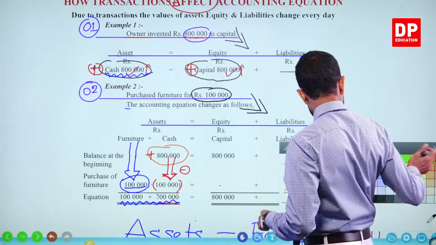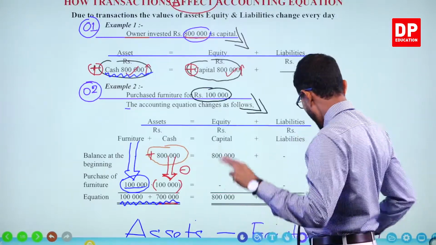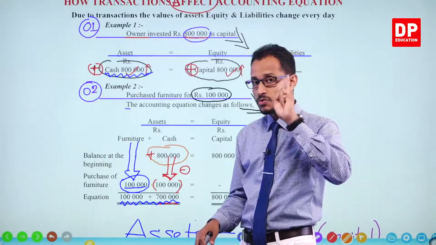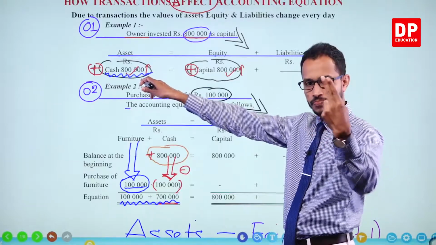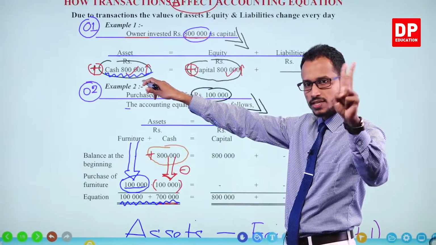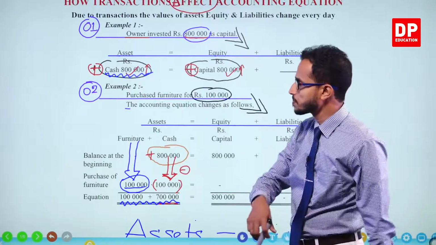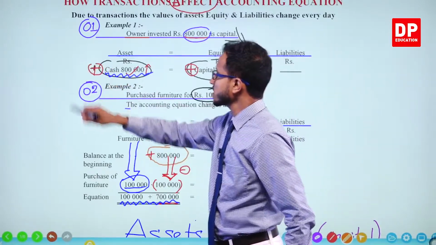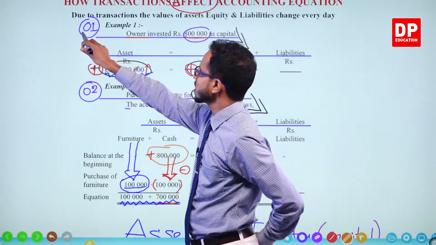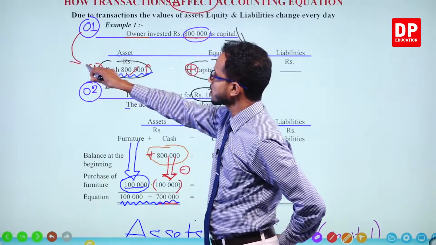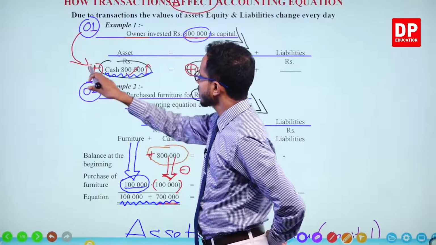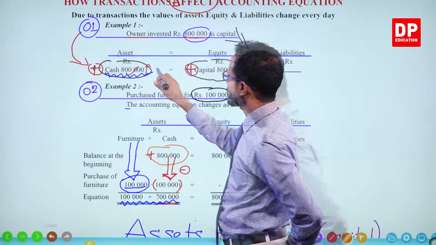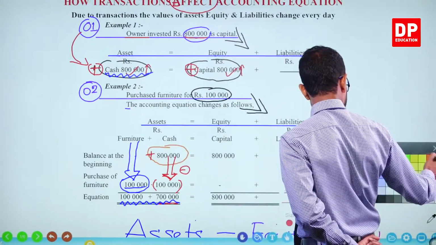What you should notice here is every single transaction has two effects on the accounting equation. Every single transaction. Now this transaction number 1, it was recorded here.